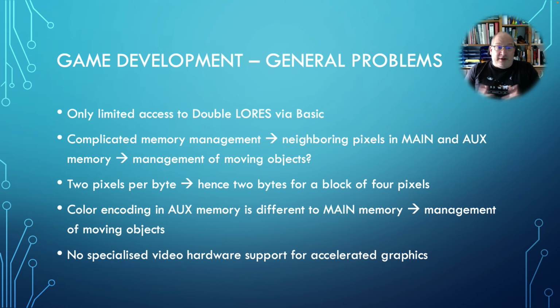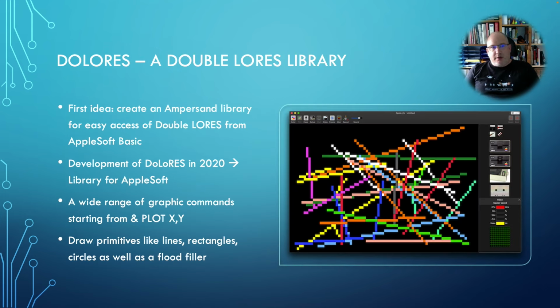And last but not least, there's no specialized video hardware on the Apple II that supports accelerated graphics like sprites. So you have to write your own solutions to accomplish this. The first idea was to create an ampersand library for easy access of double low-res from Applesoft Basic.